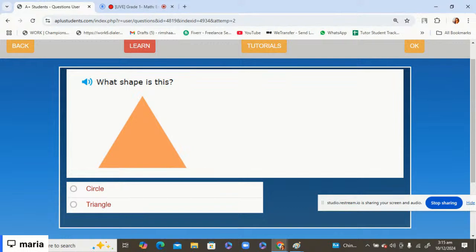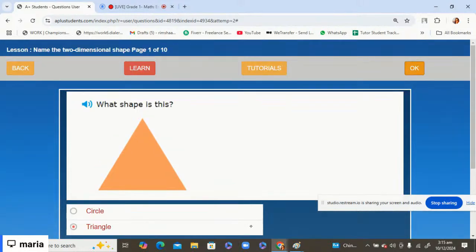Everyone tell me in the chat, what shape is this? Good, that is a triangle. Very well done, dear.